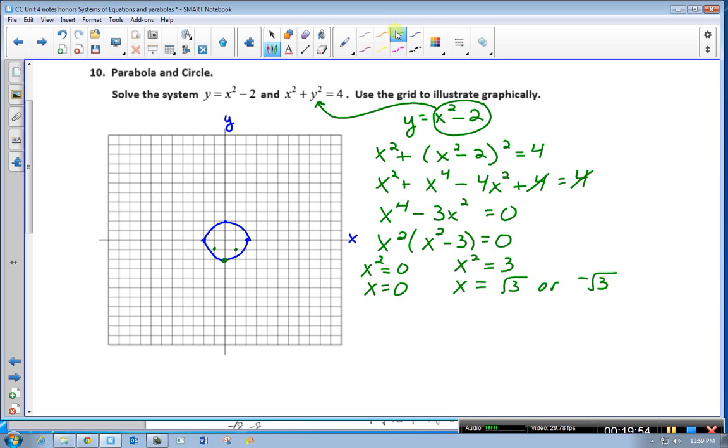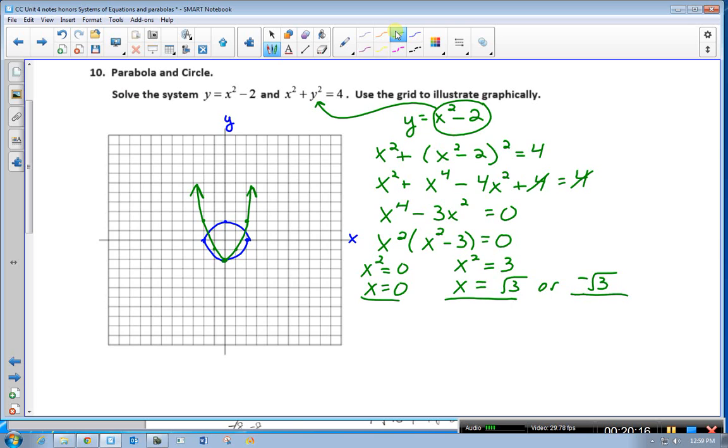It's just a translation down 2. So we can see one of the points is 0. It looks like there's going to be 3 intersection points. So let's go back and find them.